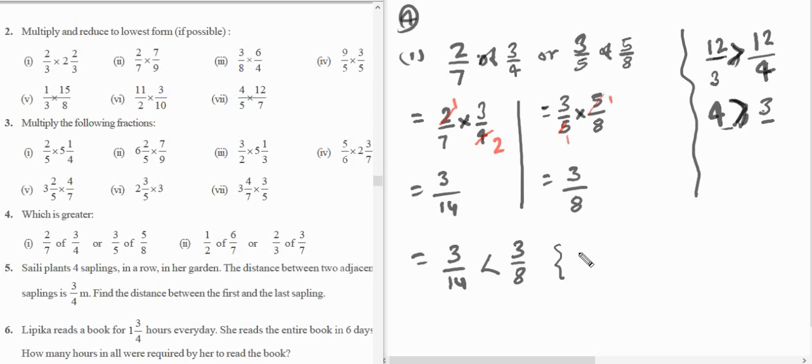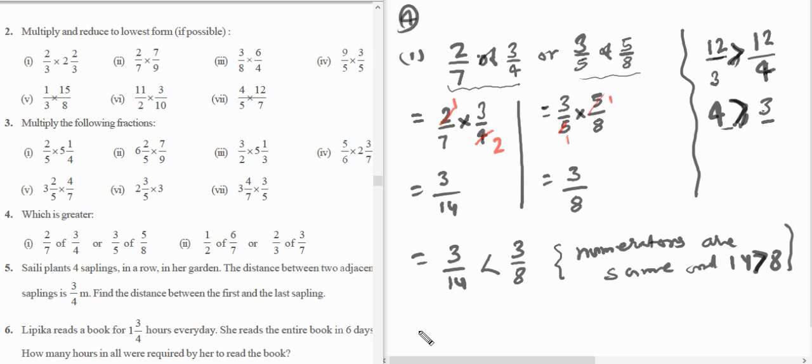Because we can write here in bracket the numerators are same and 14 is greater than 8. अगर 14 greater than 8 है, then this value will be less than this one, right? For this you can say this is the lesser one, this one is greater. इसके लिए लिख सकते हो this will be less और ये क्या होगा, greater one, right?